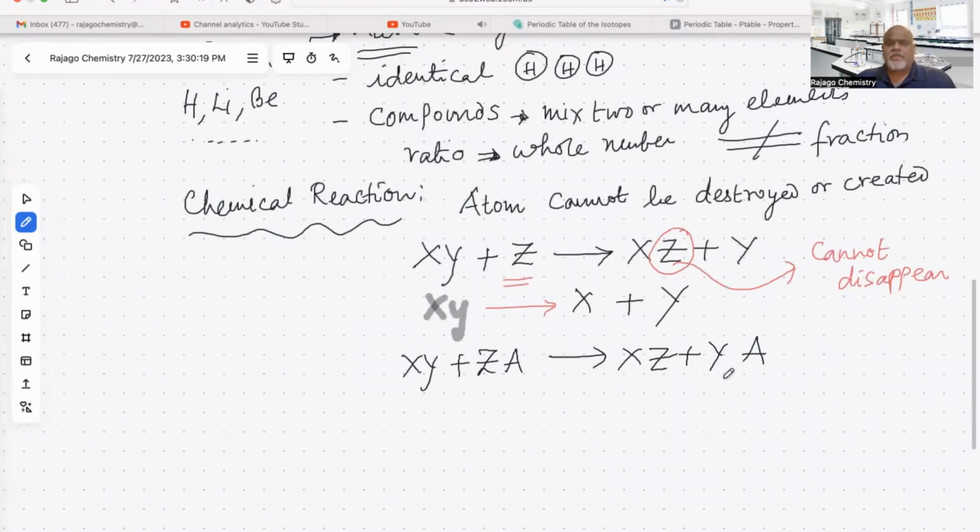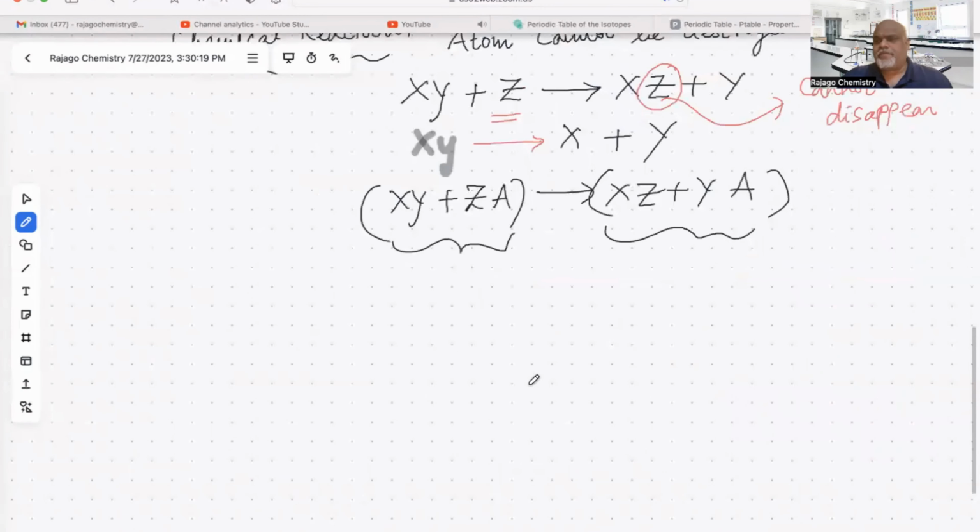Something like this. So that means whatever is on this side must be on the other side. The left side must match the right side. Something cannot disappear. There are a few laws that came during this discovery process.